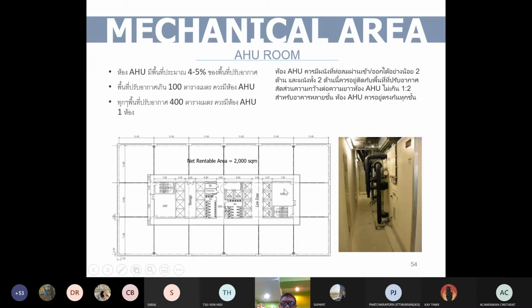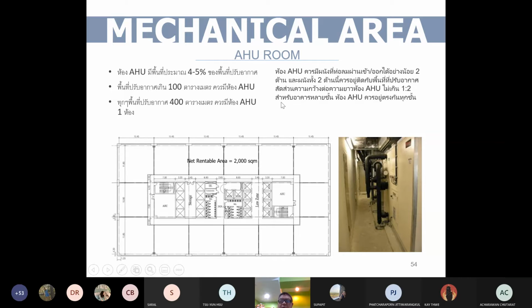The rental space is 2,000 square meters, so the air handling unit space is around 4 to 5% of the total conditioned area. Any conditioned area of more than 100 square meters should have air handling unit rooms. Every 400 square meters, you should have one air handling unit room.